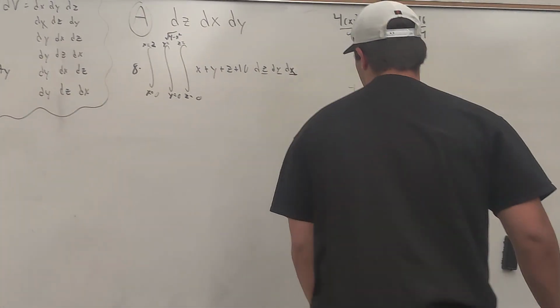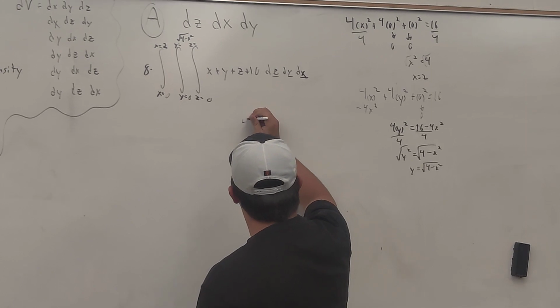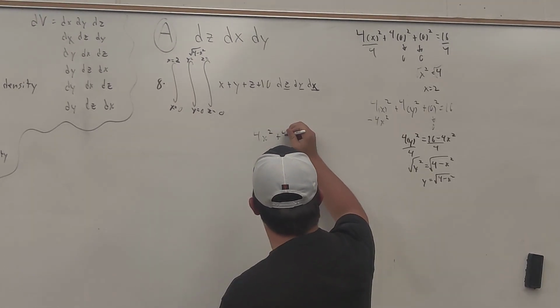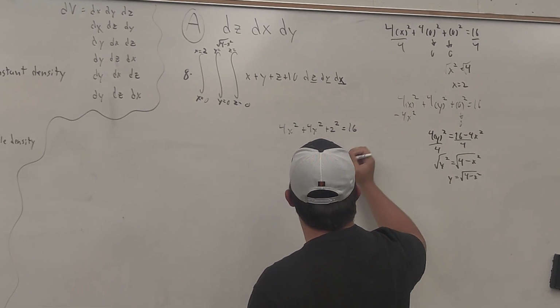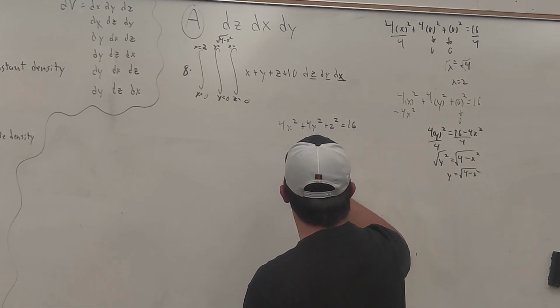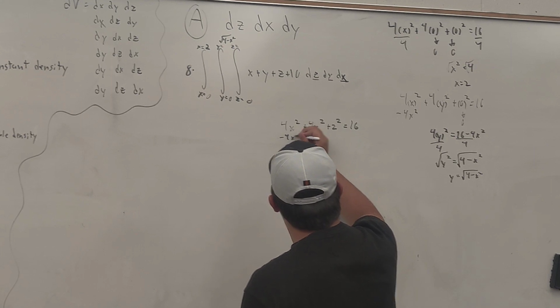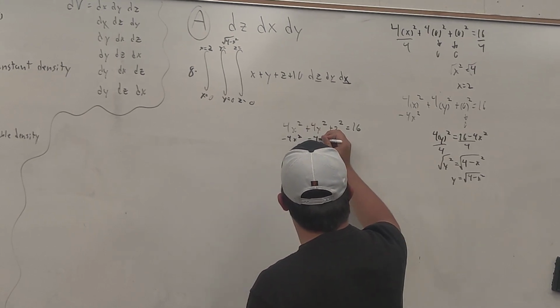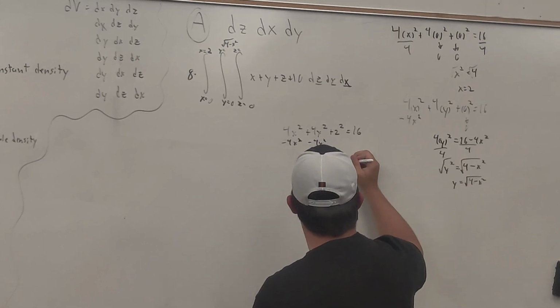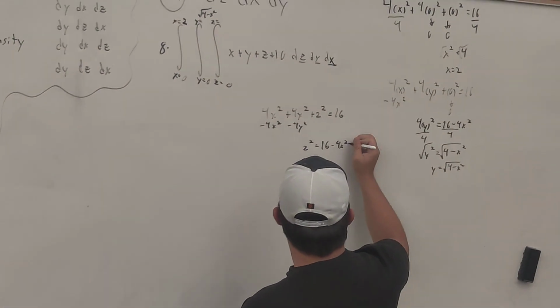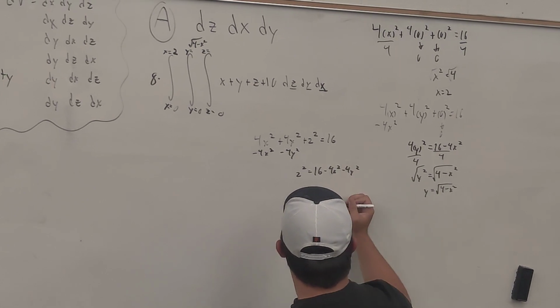Now we do it for z, but all 3 variables are involved. We have 4x squared plus 4y squared plus z squared equals 16, and we're solving for z squared. So we subtract 4x squared and subtract 4y squared, and we're left with z squared equals 16 minus 4x squared minus 4y squared.